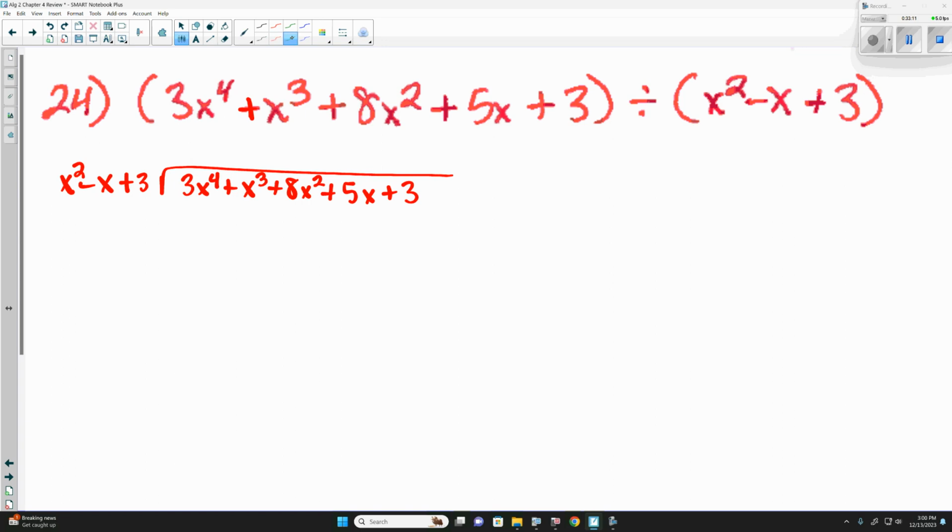Now, the first step in doing long division is canceling out this 3x to the 4th. So we need to see what we need to multiply our x squared by to get 3x to the 4th. Well, we know we'll need the 3 and an x squared.